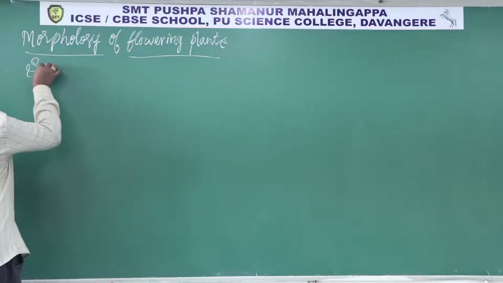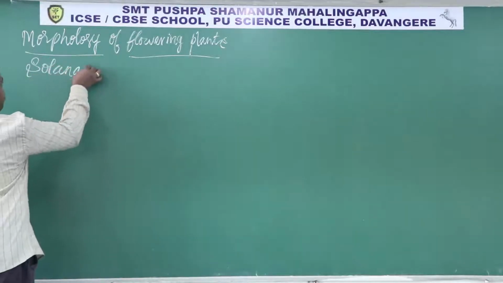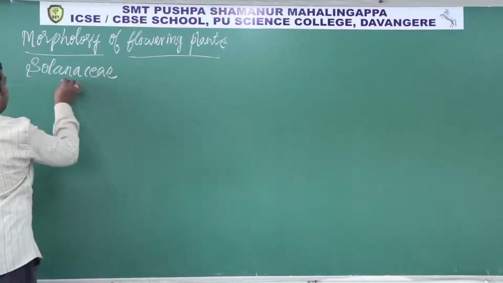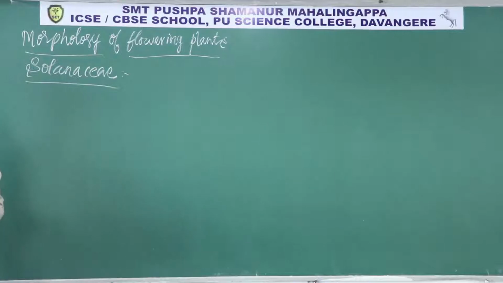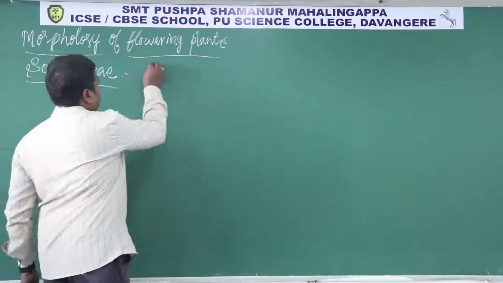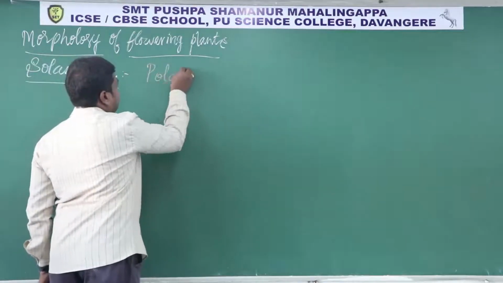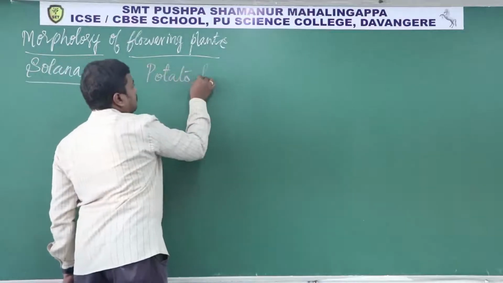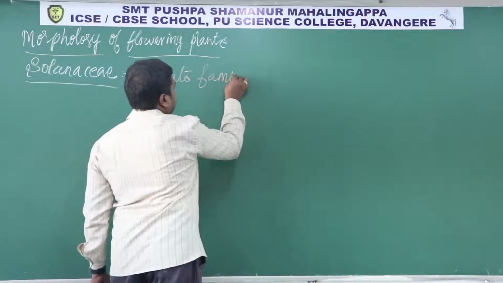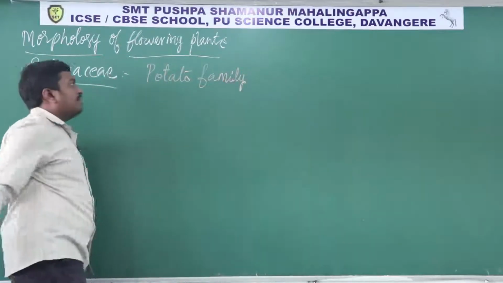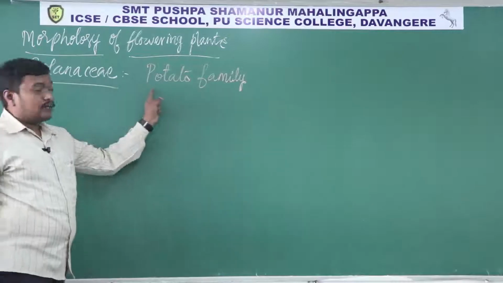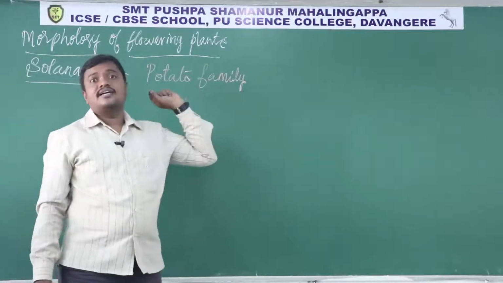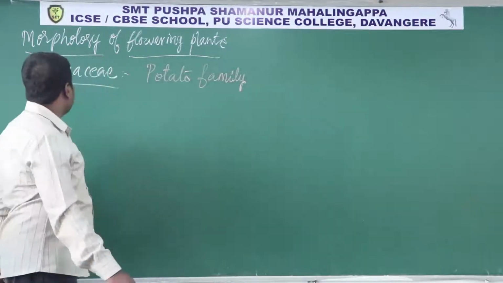So the next family is Solanaceae. This Solanaceae is commonly called the potato family, because potato belongs to the family Solanaceae.